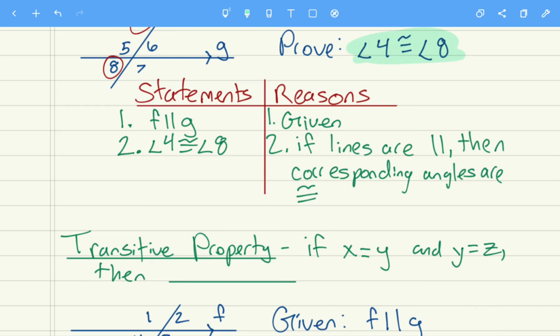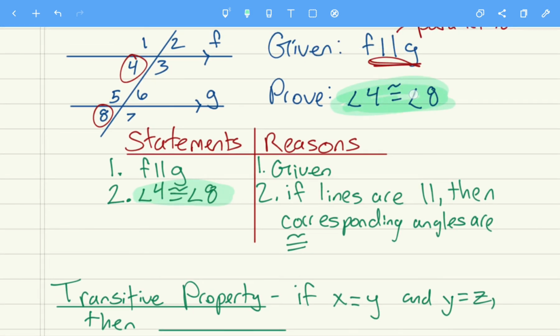And that's it, because we have the statement we wanted to prove. So we are done with our proof.